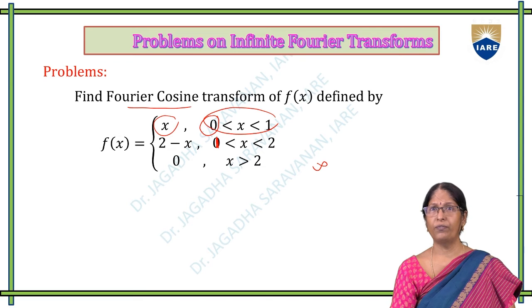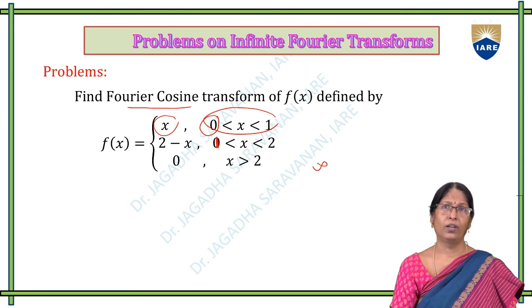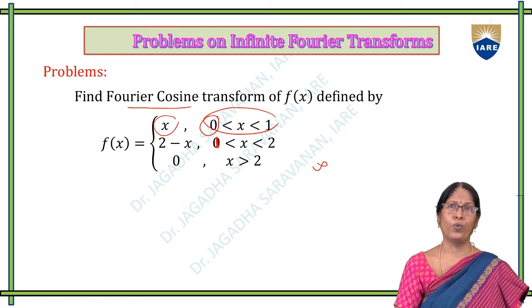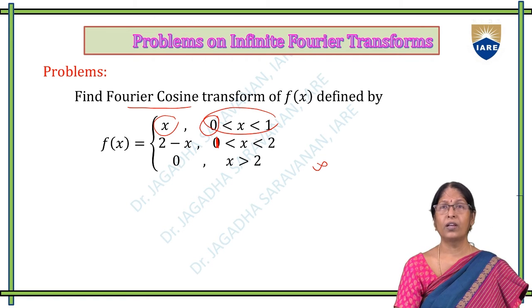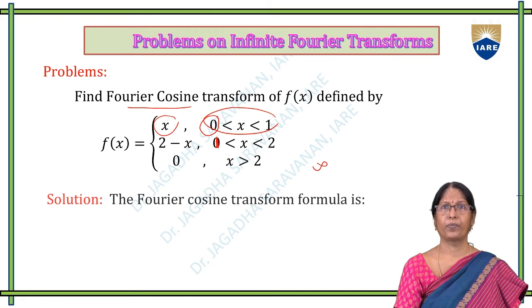So the single 0 to infinity integral is split into 3 integrals. That we will concentrate on, how we are going to solve using this Fourier cosine transform formula.